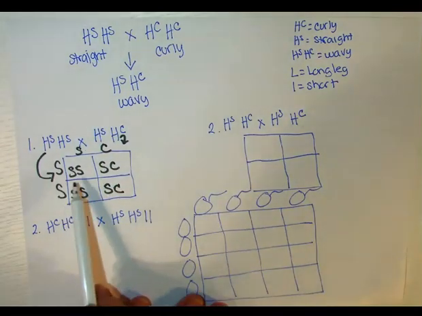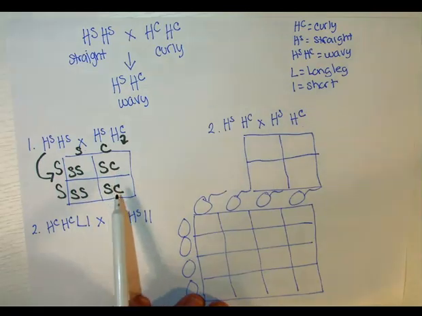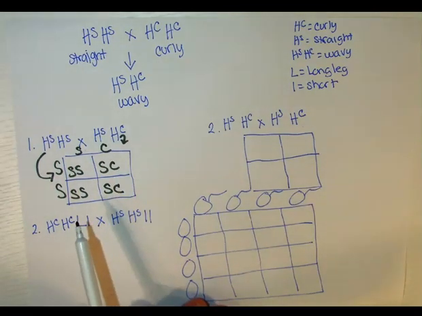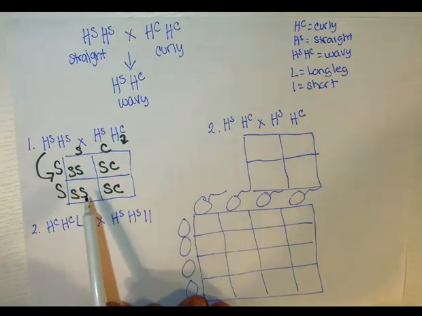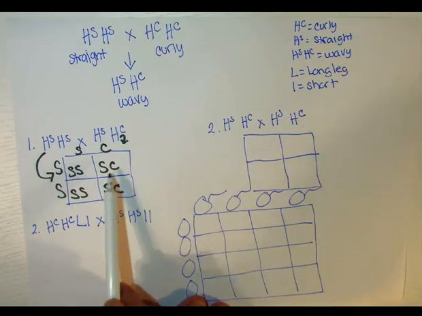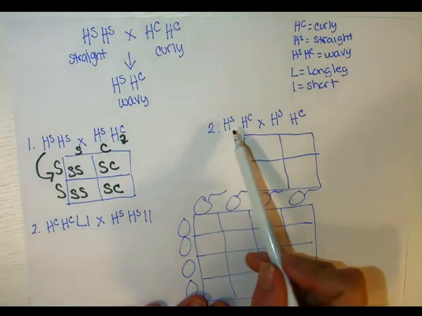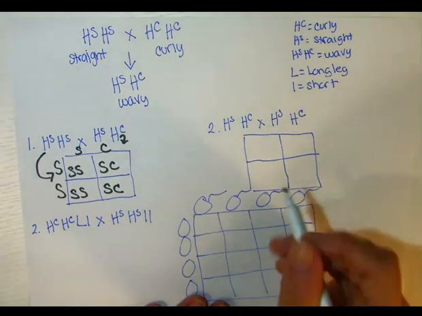So we look here, we see there are 2 kids who would have straight hair and 2 kids who would have wavy hair. And so we can look, that would be our phenotypes. And then our genotypes is 2 are homozygous for the straight gene, and then 2 of them are heterozygous. The next question asks you to do a wavy hair with the wavy hair.